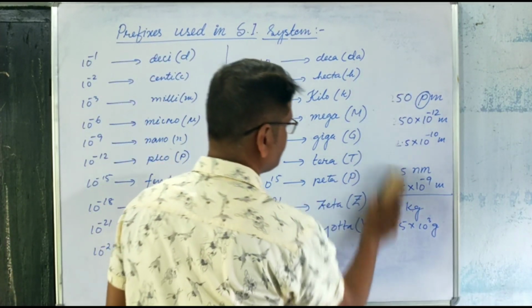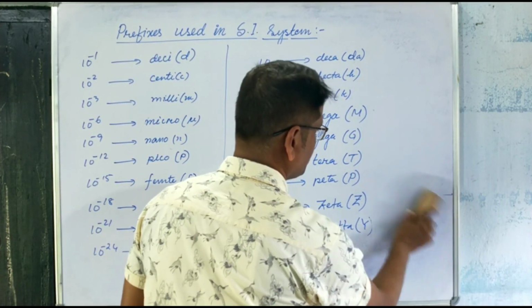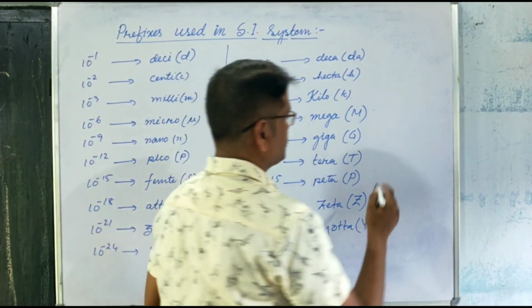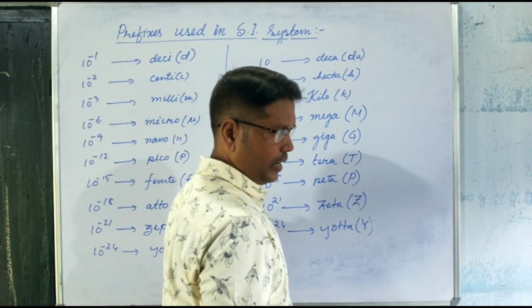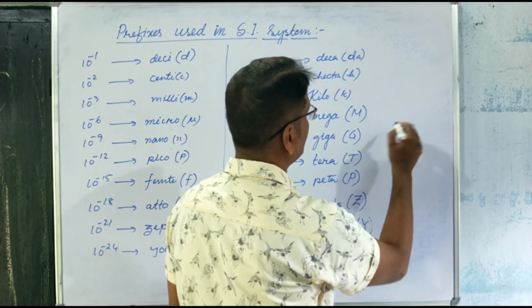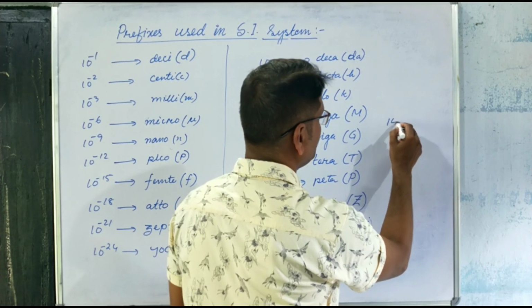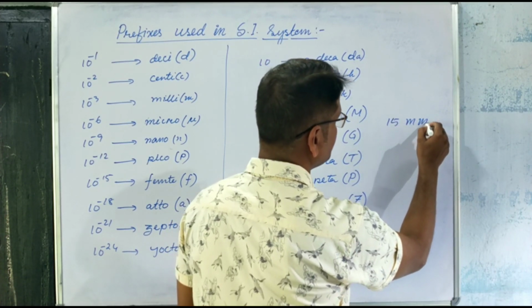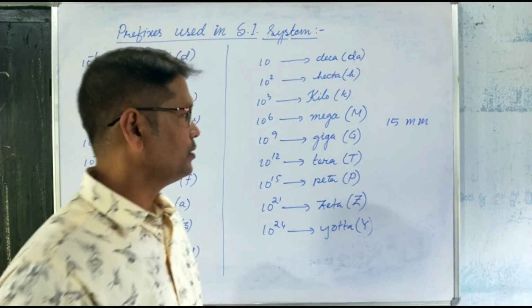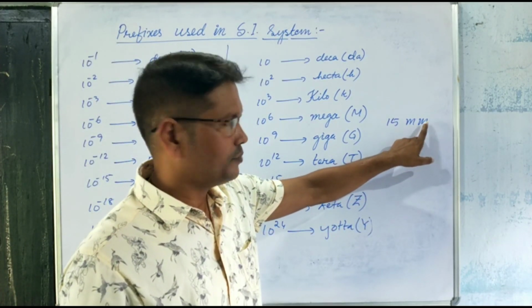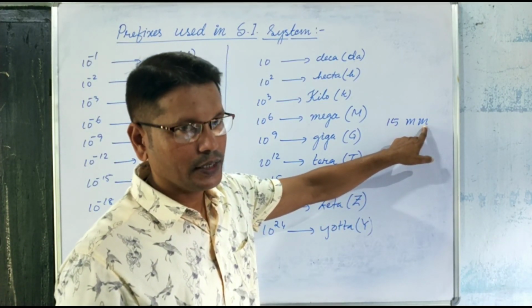Similarly, suppose the length of an object is given, say 15 millimeter. Here this m represents meter.